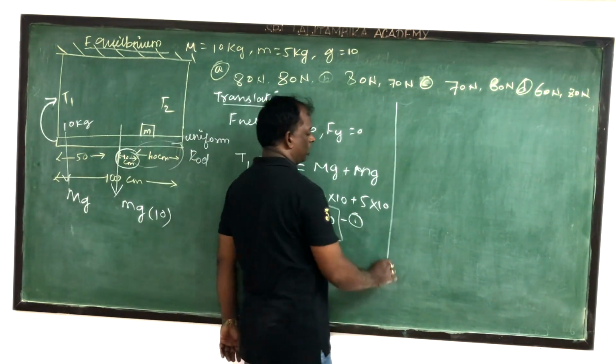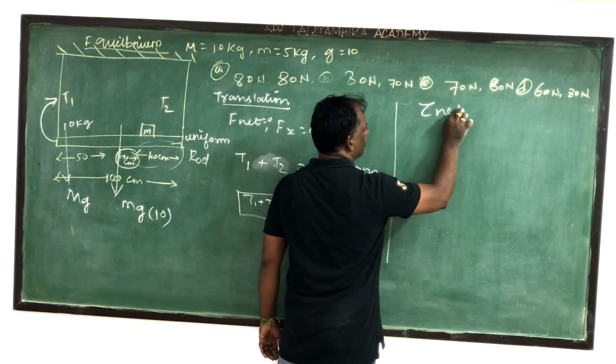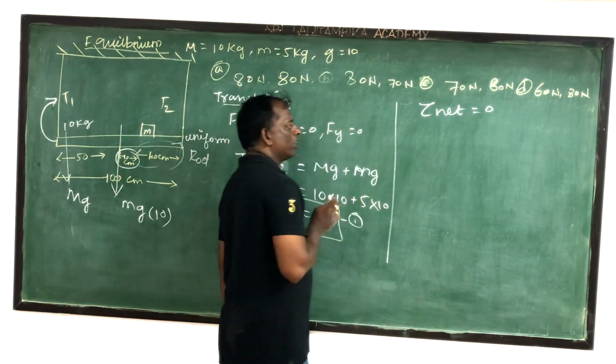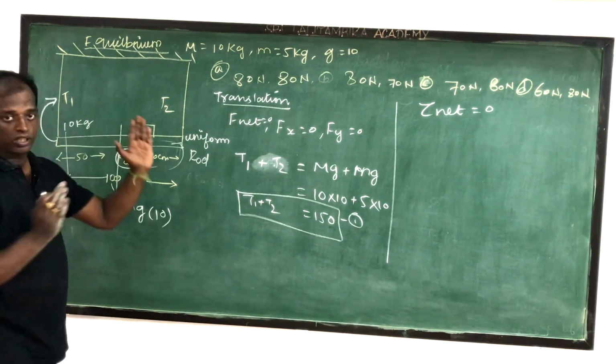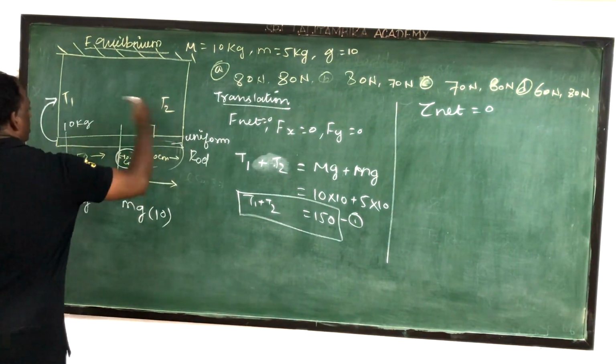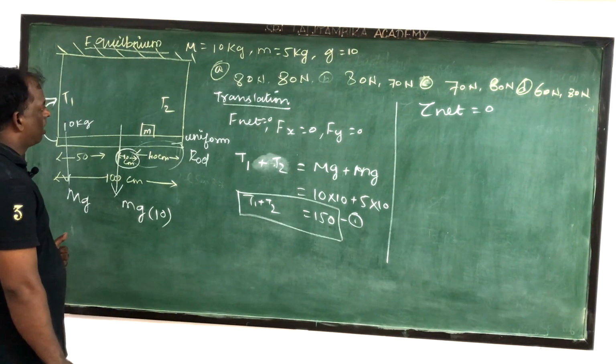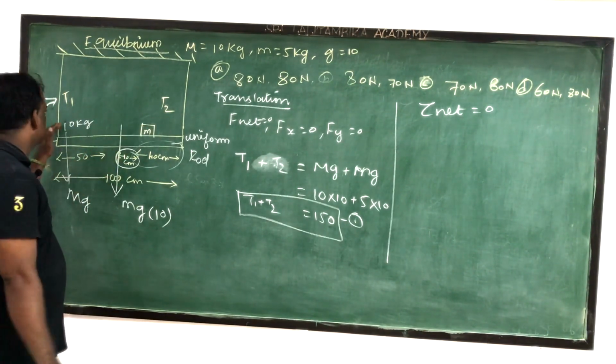In rotational, the net torque is equal to 0. So what are the torques acting on this? This will be in the clockwise direction, and T2 will be in the anti-clockwise direction. Anti-clockwise direction will be positive and this is negative.